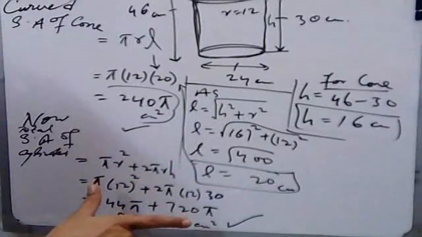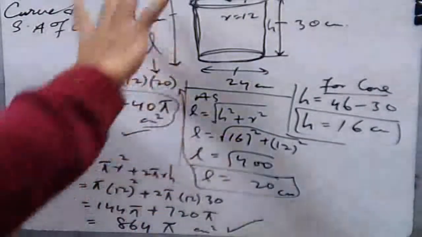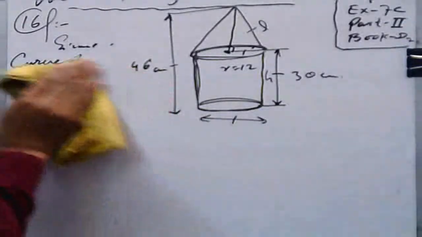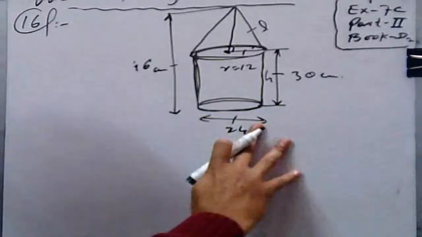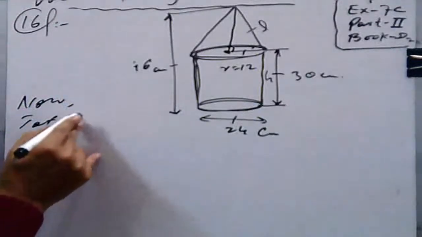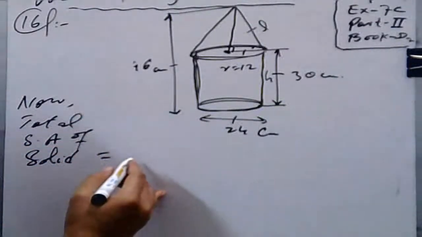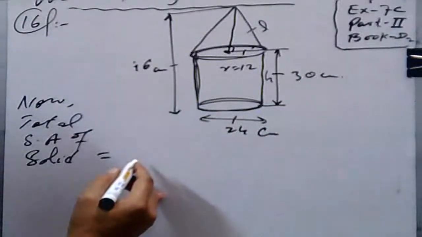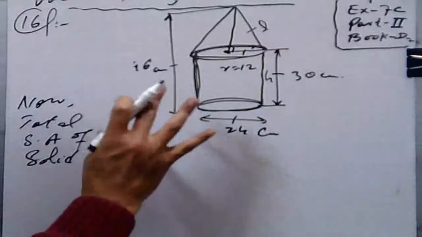So now total surface area of the given figure, total surface area of solid, that is full figure, is equal to one is surface area of a cone, 240 pi, plus 864 pi.